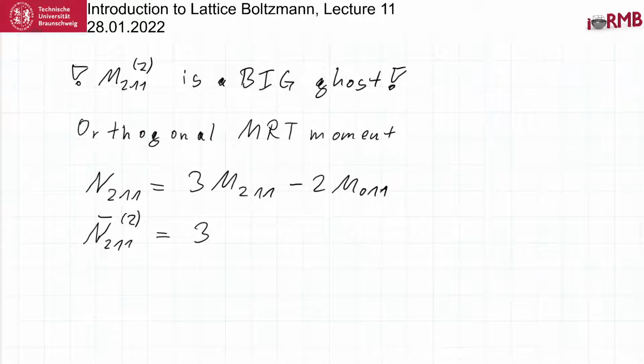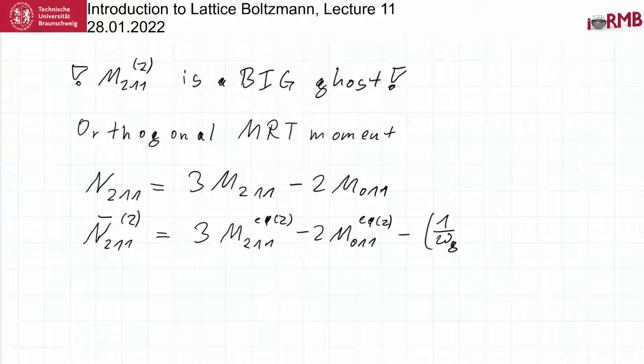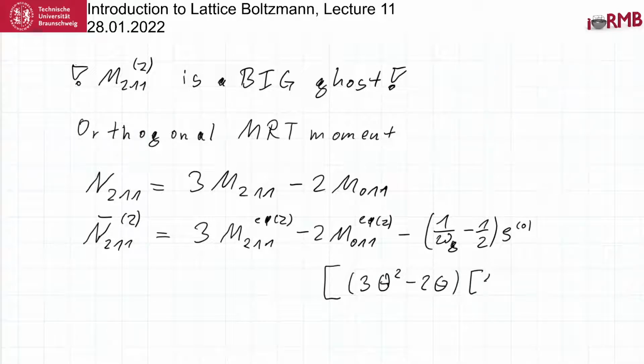So now if we expand this moment and relax this moment, we have to do the expansion of the sum of these moments, of course. So now this is the guy that we relax. And this goes into 3 theta square minus 2 theta dy w1 plus dz v1.